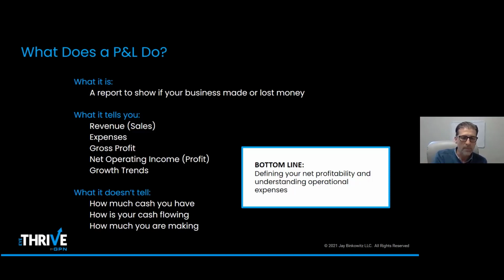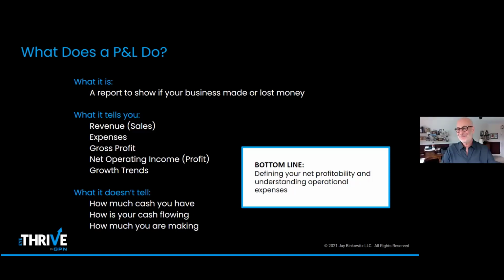So you could look at a profit and loss statement and see $80,000 worth of profit, and you get a phone call from your CPA who says, hey, listen, you had a great profitable year. I need you to write a check for your taxes to the IRS. But you pull up your cell phone and you look at your bank balance and there's no cash in the bank. And you wonder, how can I owe taxes when I don't have any money?